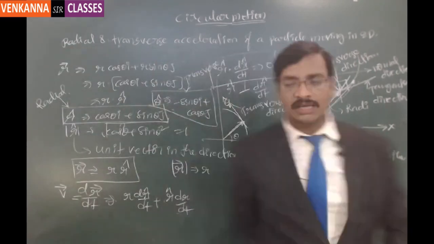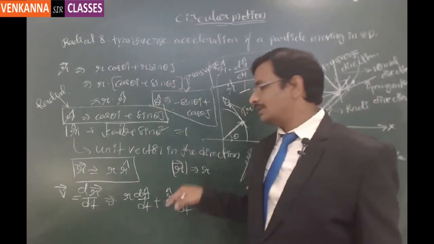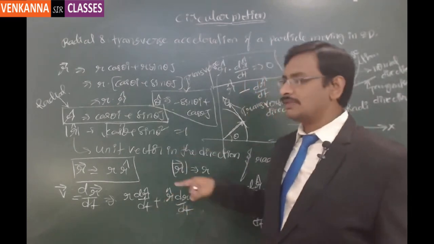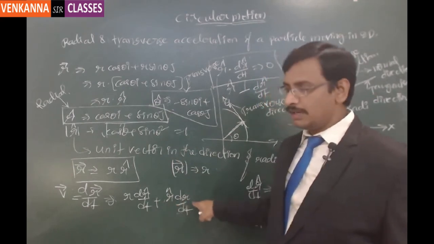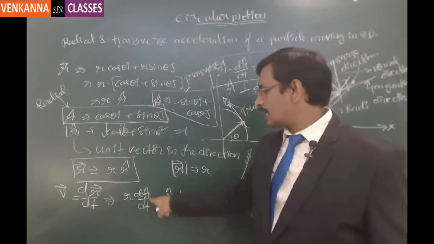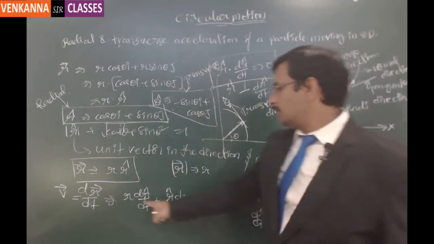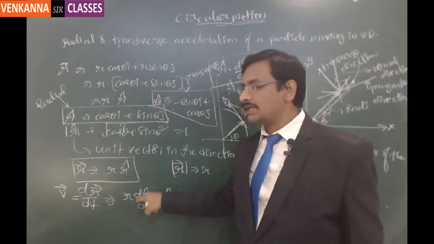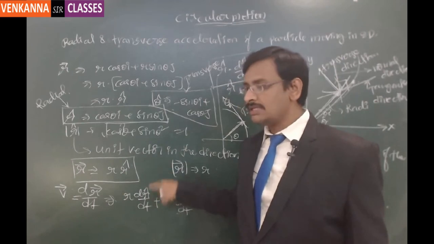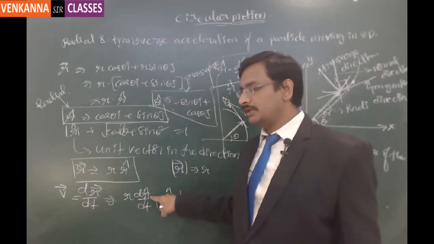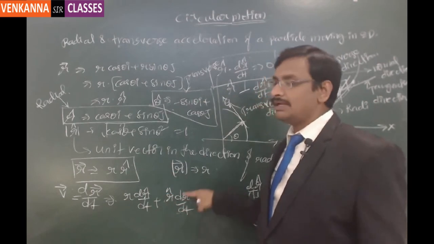Now this velocity, if you notice, contains both the radial and the transverse components of the velocity, because r cap is getting multiplied by dr by dt, and dr cap by dt involves theta cap into d theta by dt. That means here r into d theta by dt is the component of the velocity in the direction of theta cap, and r cap is the direction where dr by dt is the magnitude.